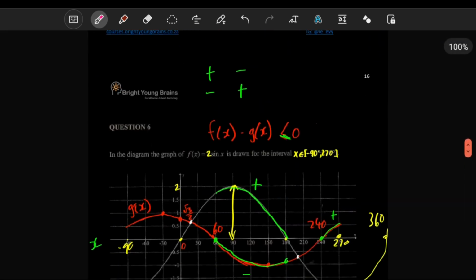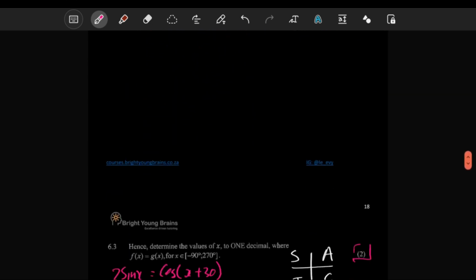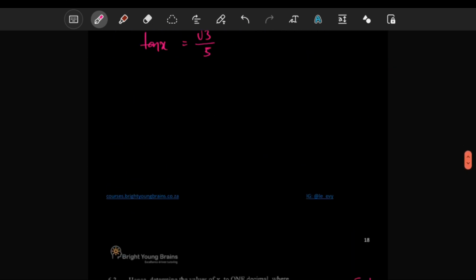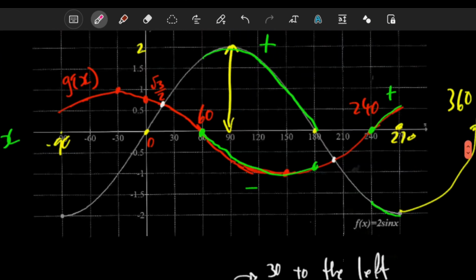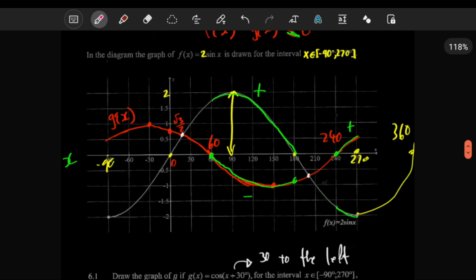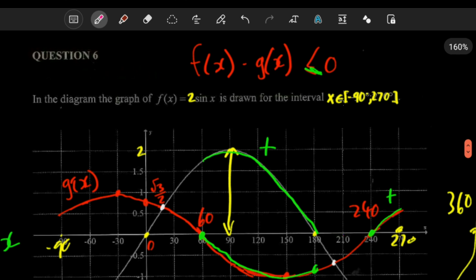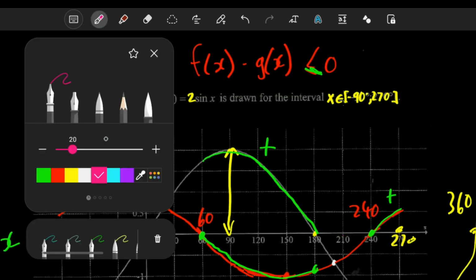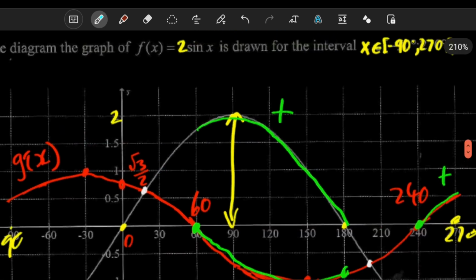You want to look for a case where the y values of f are above the y values of g. That's kind of easy, but you have to remember they're only taking from 0 going to 270. So the y values of f, you can already see here, these y values of f are higher than the y values of g.